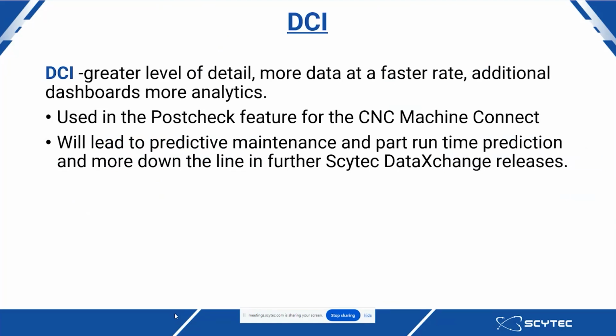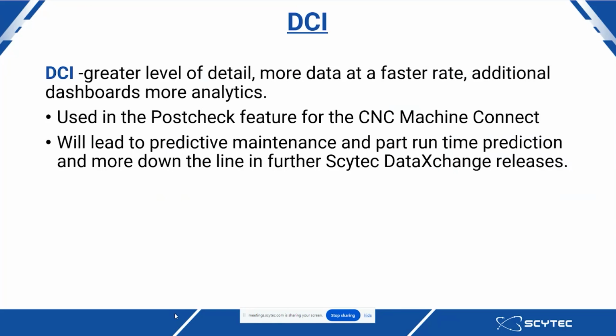So, as I mentioned with post-check, there's a Scytec feature called DCI that is born of this post-check feature. DCI allows a greater level of detail, more data at a faster rate, as well as additional dashboards for more analytics.